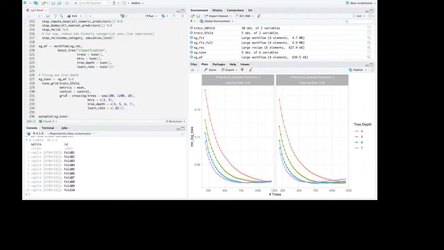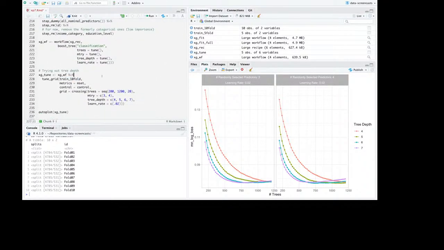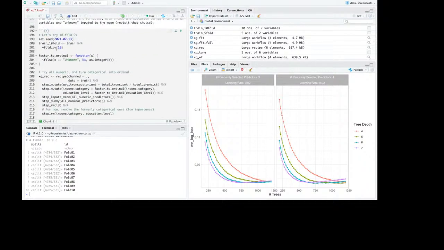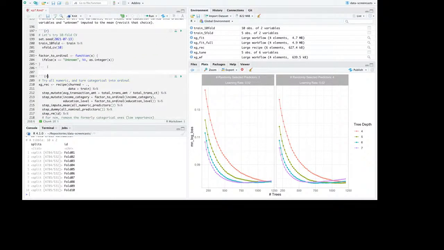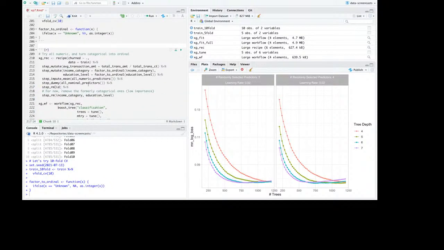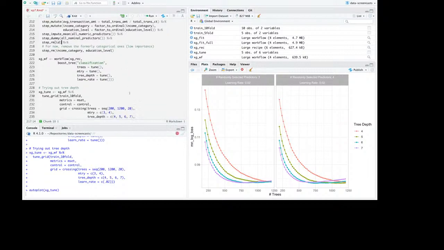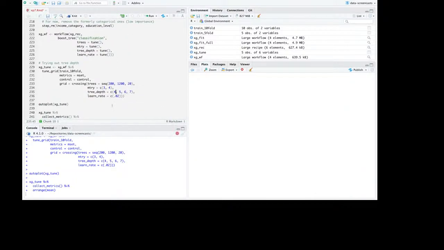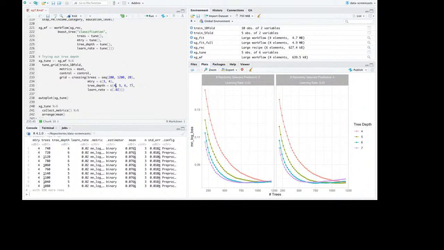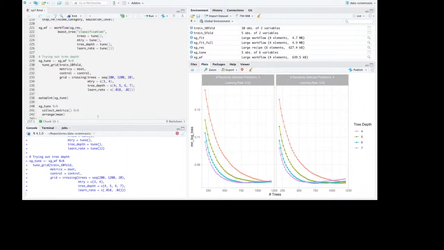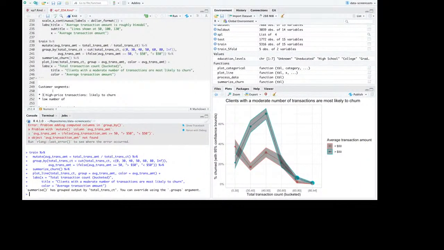Okay, because I'm just waiting on it. While I'm at it, I'm going to expand out my set a little bit. Tree depth, seeing 6 was good, try it out. It's going to be slow.